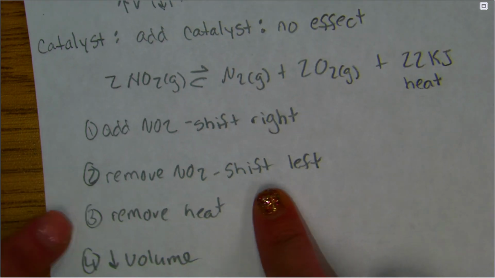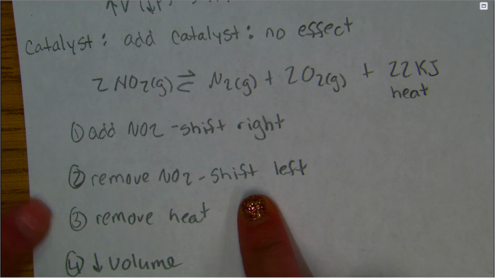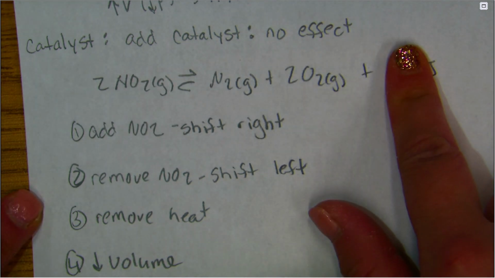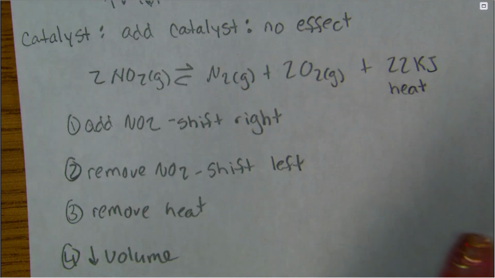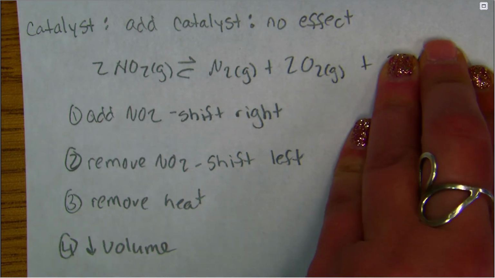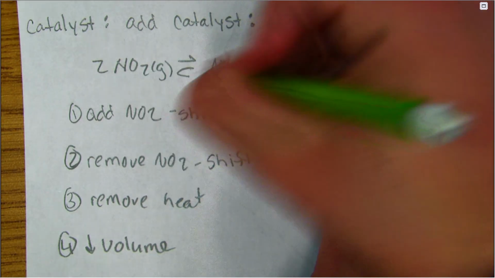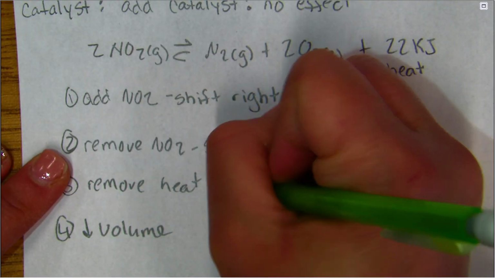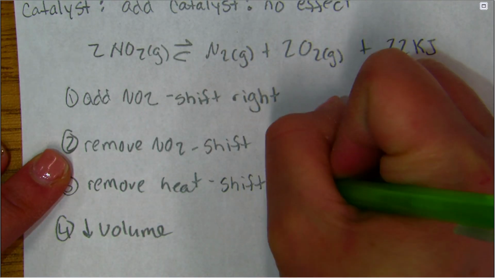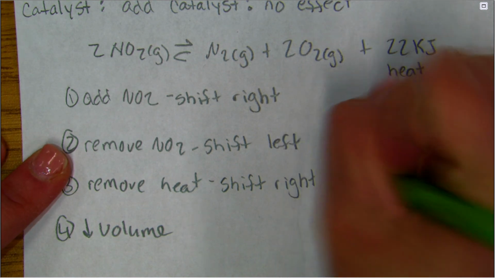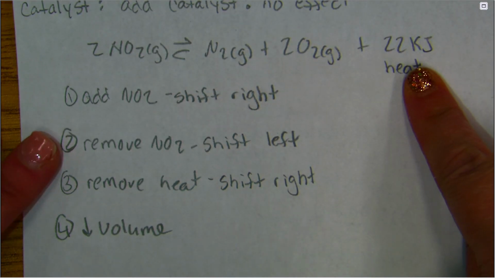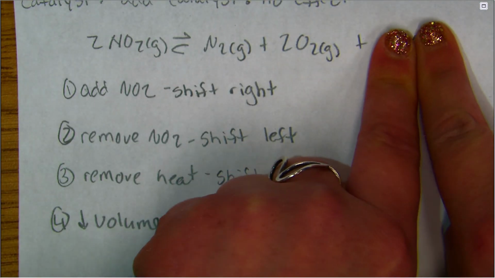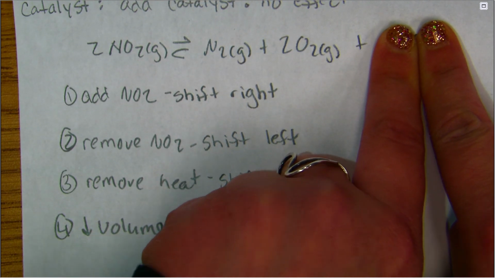Shift left. If I remove heat, heat is a product. If I take out heat, I have to replace it. That is a shift right. In terms of equilibrium, I am going to make products in order to produce heat, because I need to get that heat back that I took out.